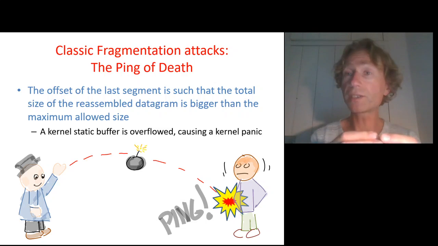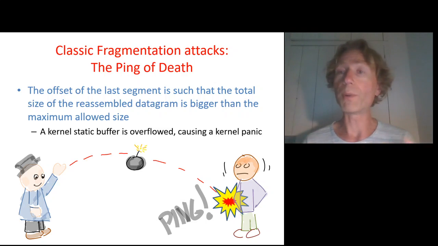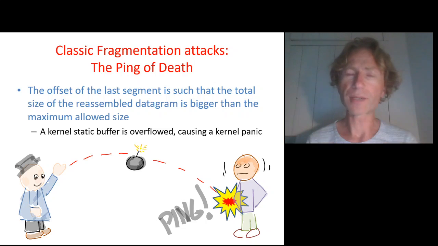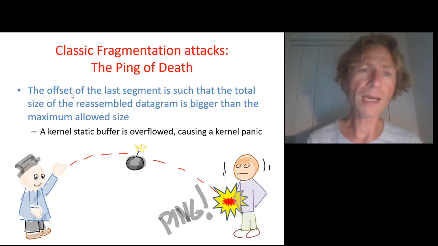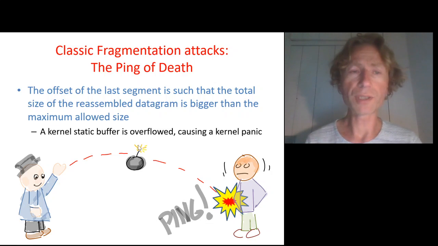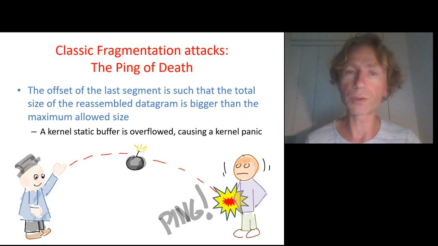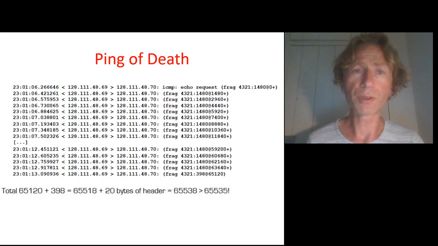You have to store more bytes than would fit in the buffer that you allocated. This is known as a ping of death, and it caused a kernel static buffer to overflow, because it's a long time ago, and that caused a kernel panic.